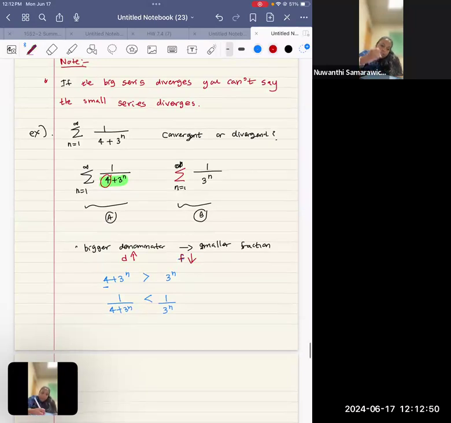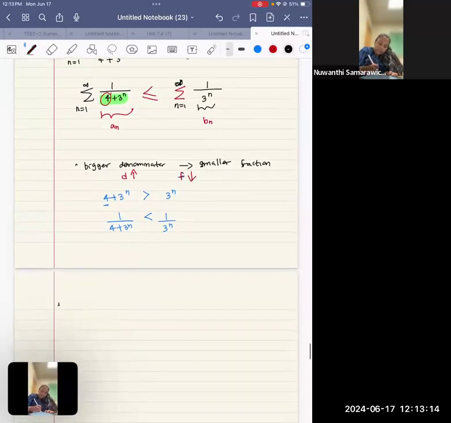Then we can say A is less than or equal to B. So let's say this is your B sub n and this is your A sub n sequence. If I write it, B sub n is greater than or equal to A sub n.